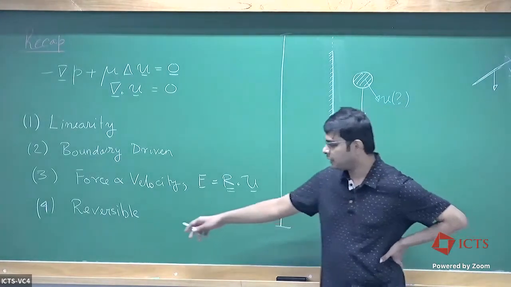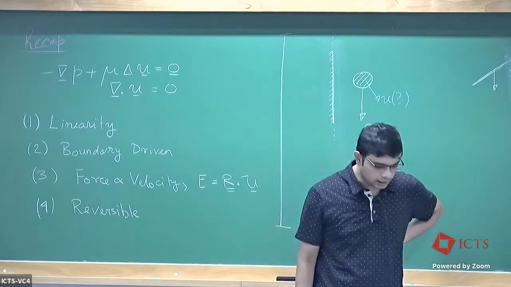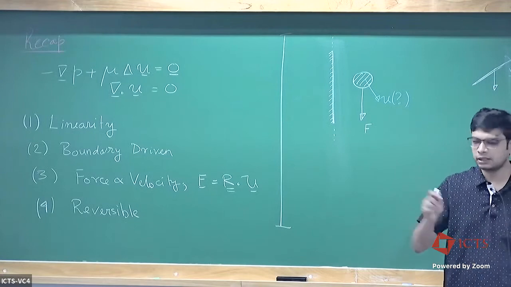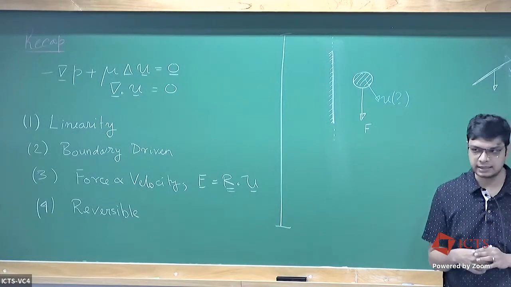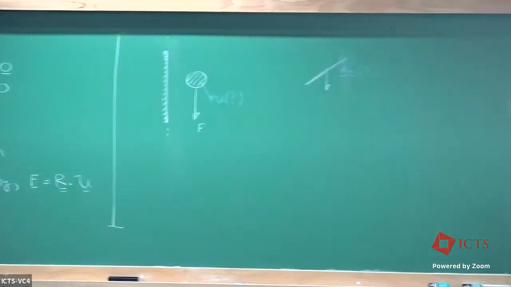And the final property was the property of reversibility. The way we illustrated this is that we thought of this problem of a moving sphere. Let's take his example, like he mentioned, that there is a sphere that's sedimenting and there is gravity acting on it, and that's why it's falling down.